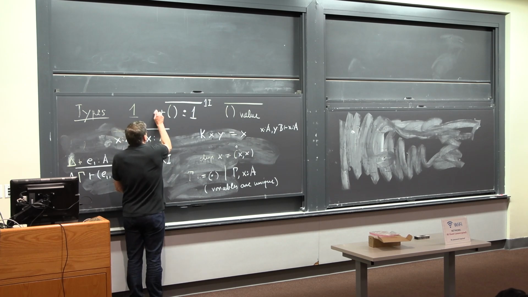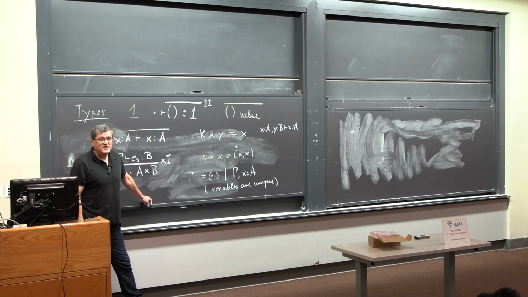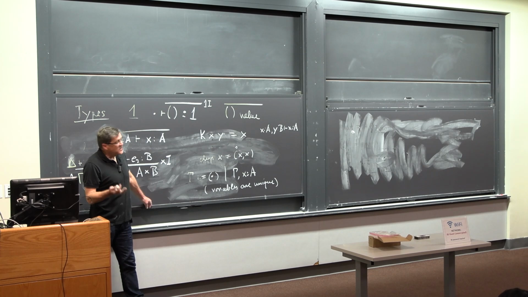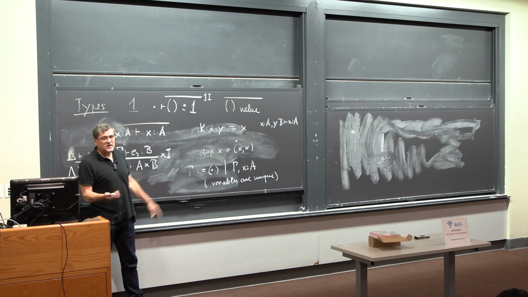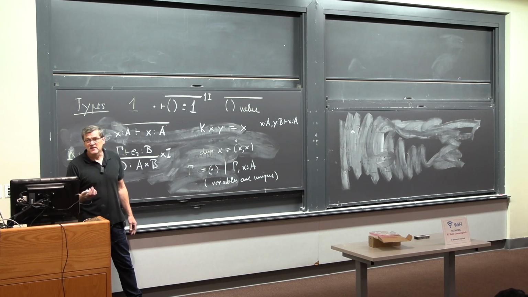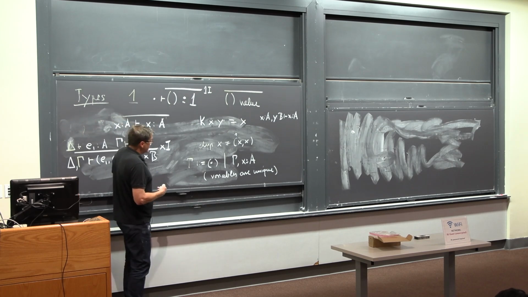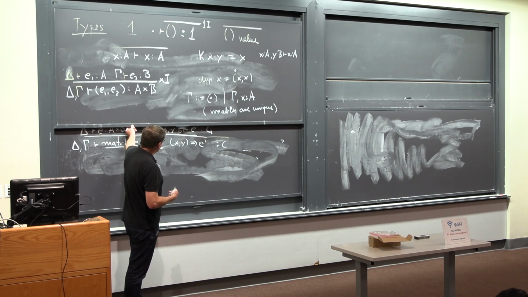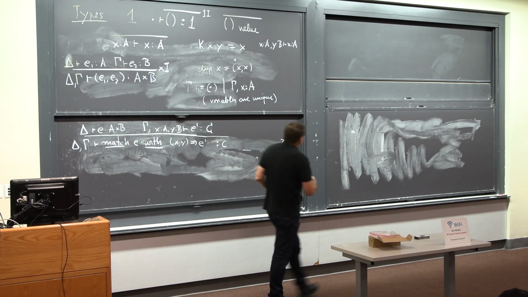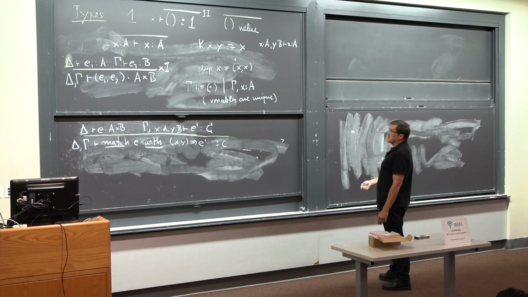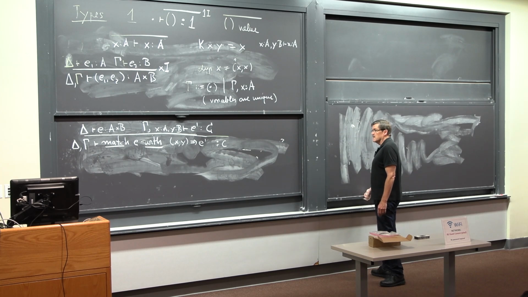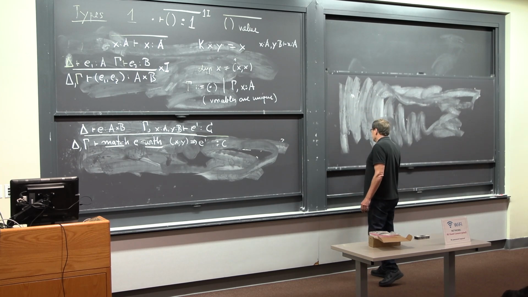Empty. Why does it have to be empty? Because if there was a variable there, we wouldn't be using it because we always return the unit element. Everything has to be used exactly once. That would be illegal. Okay. All right. And finally, matching. Let's see. What else do we need? We have that. I think we have all the rules now. So we can come back to this one.